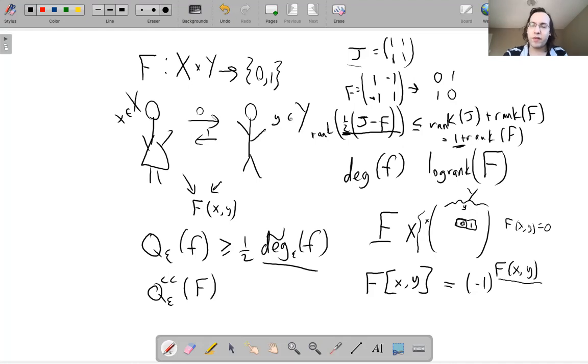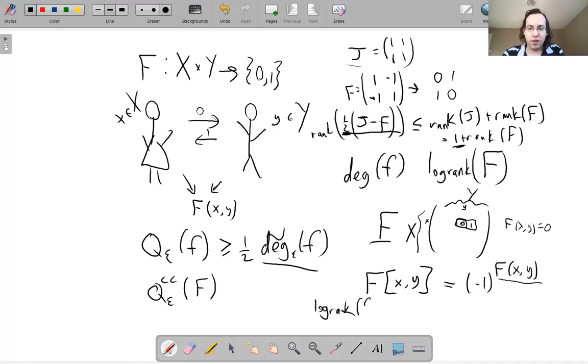Okay, so ignoring that +1, the rank is invariant to which alphabet symbols you use for the output alphabet. And then we can take the rank of a communication matrix F, and we can take the log of the result, and we get a measure called logrank.